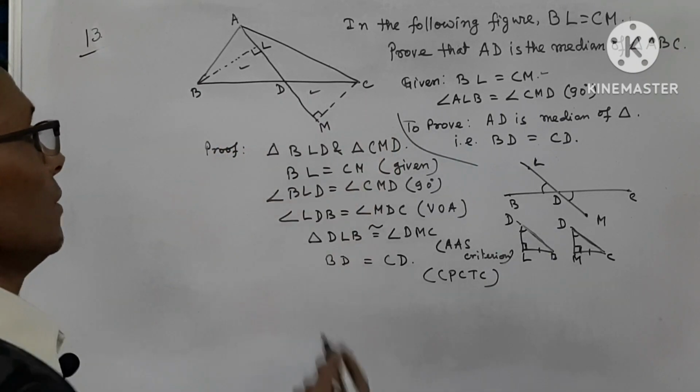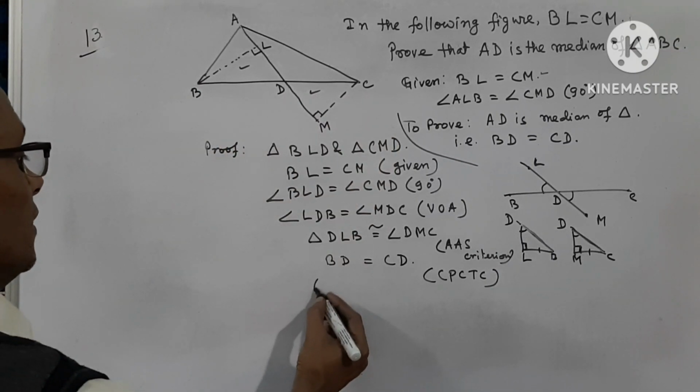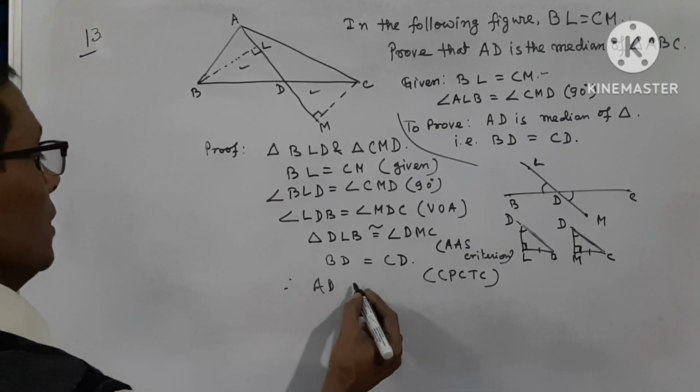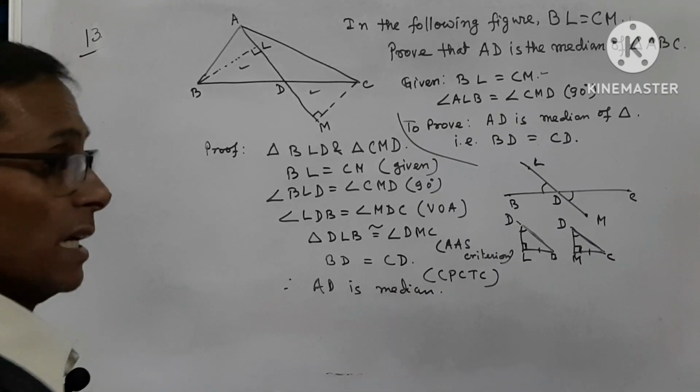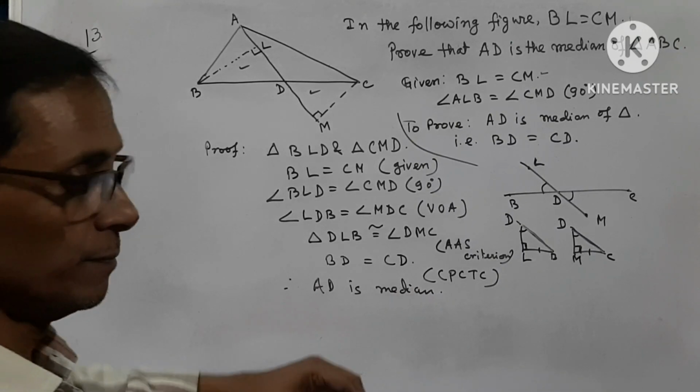BD equal to DC, so definitely AD is the median. So it is proved.